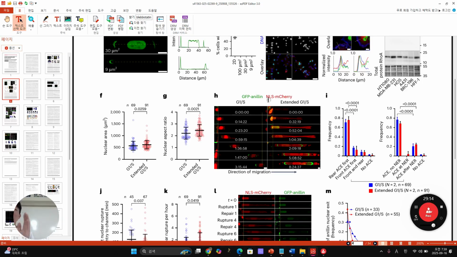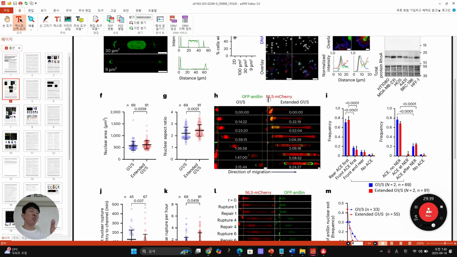When you see NLS in certain papers, it means that the protein has an NLS binding site, so it can go inside the nucleus. NLS is detected by importer protein. Importer protein is the delivery guy, which delivers the protein from the cytoplasm to the nucleus.